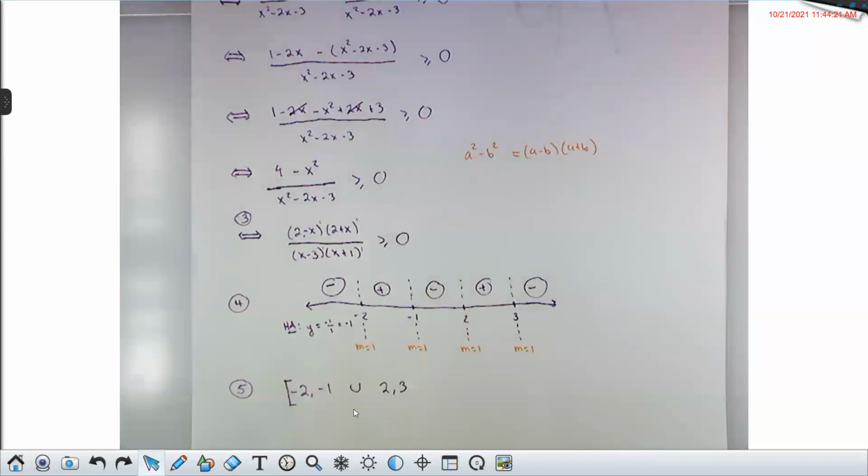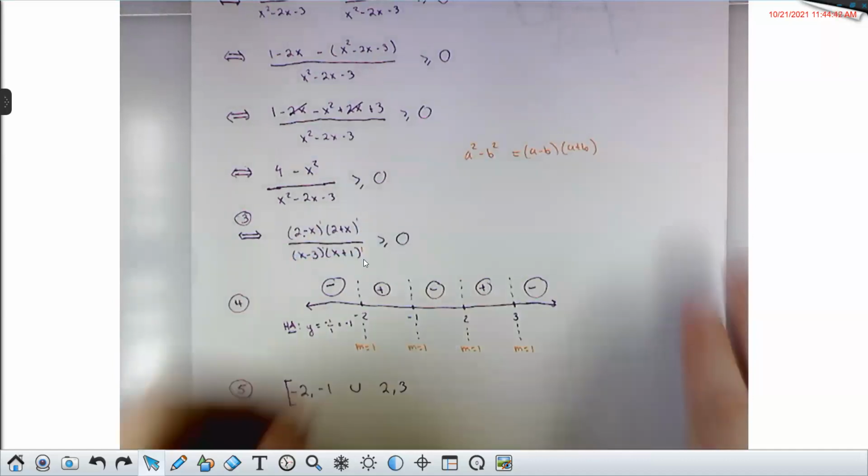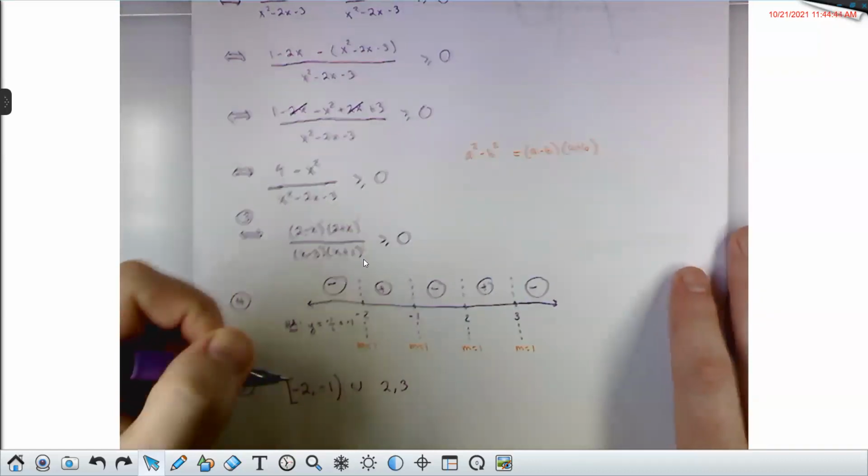Good. If we plug -1 in, the downstairs here is going to be 0 because that -1 came from this factor. So should I use a bracket or a parentheses on the -1? Parentheses, good. This thing is not true when x is equal to -1. This thing is undefined when x is -1. So -1 cannot possibly be a part of my solution set.